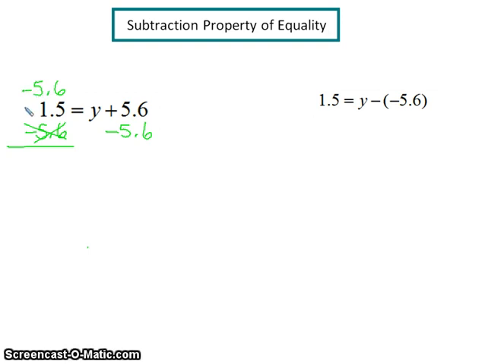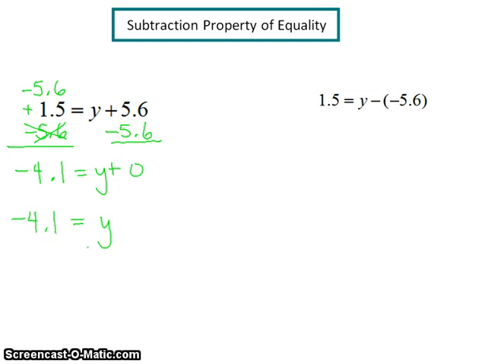Remember, when the numbers have opposite signs, we subtract. So we have 6 minus 5 is 1, and negative 5 plus 1 is negative 4, equals y plus 0. So this is equal to y is equal to negative 4.1.